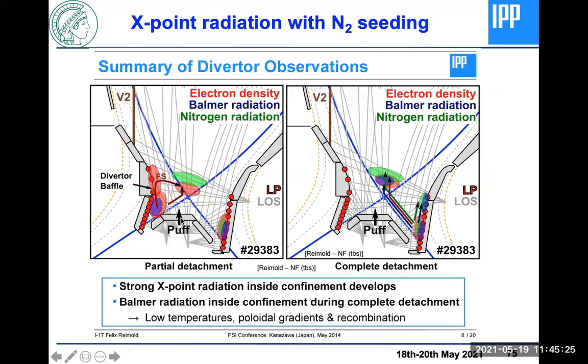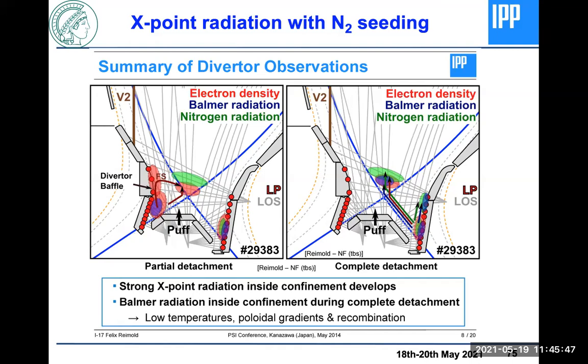So we puffed nitrogen from a valve that's located below this dome that I mentioned to you. So this is the inner target, the outer target. The blue line is the separatrix density. These gray lines are all lines of sight of spectrometers.